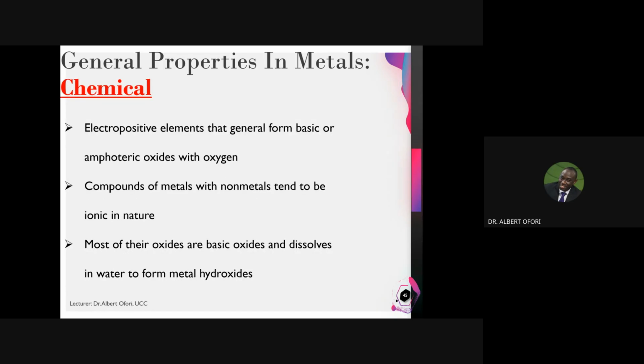In their chemical forms, we see them becoming more electropositive, meaning they can easily release electrons. That's why we call them metals. They can just release electrons and become positive. In that case, according to Lewis, they are basic.